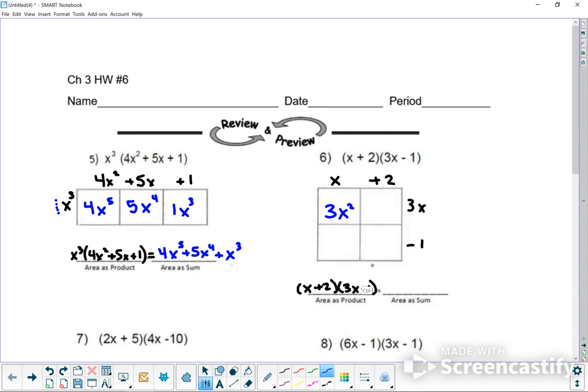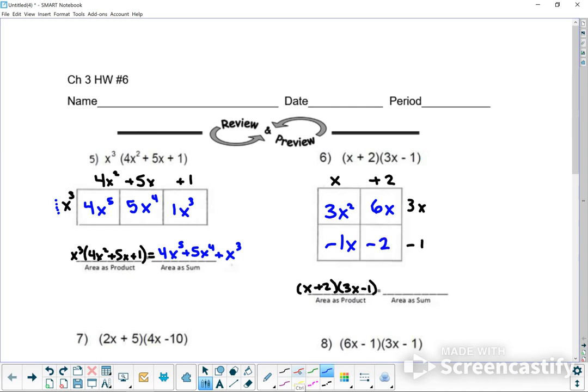Next, you have 2 times 3x, which makes 6x. Next, you have x times negative 1. So x times negative 1 is negative 1x, or just negative x is fine. And lastly, you've got 2 times negative 1, which makes negative 2.